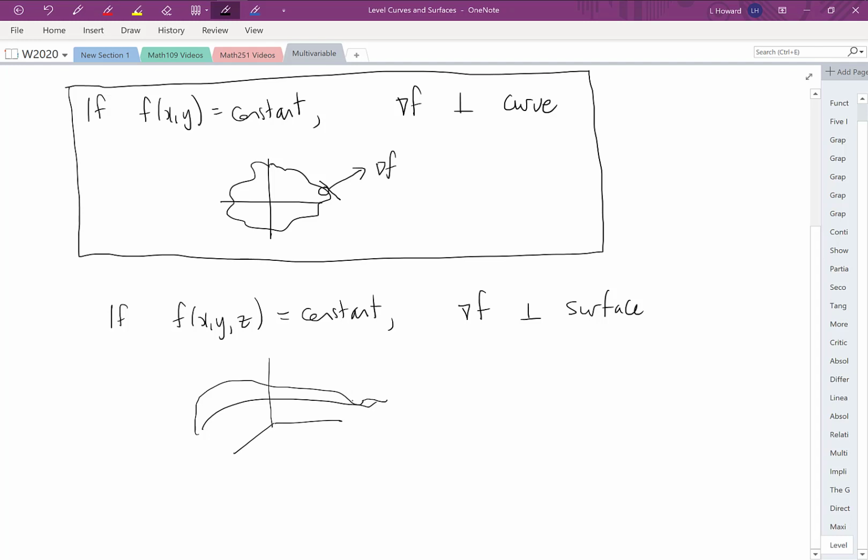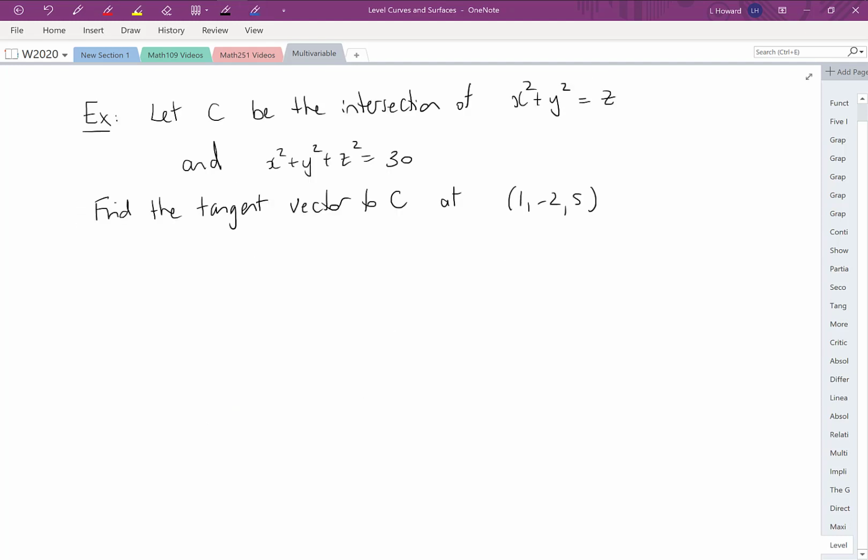If we identify any point we're interested in on this surface, the gradient vector is going to be perpendicular to our surface at that point. Formally, imagine drawing the tangent plane to the surface at that point. We're really saying the gradient vector would be perpendicular to that tangent plane. So the gradient vector is perpendicular to our surface.